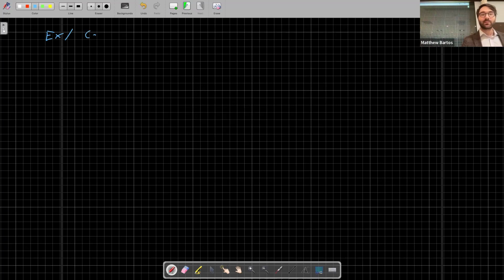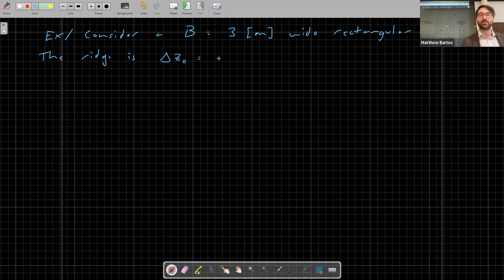So we're considering a 3-meter wide channel. So this is a 3-meter wide rectangular channel. It has a bottom ridge in the middle of the channel. So the ridge is delta Z naught is equal to 0.3 meters high.